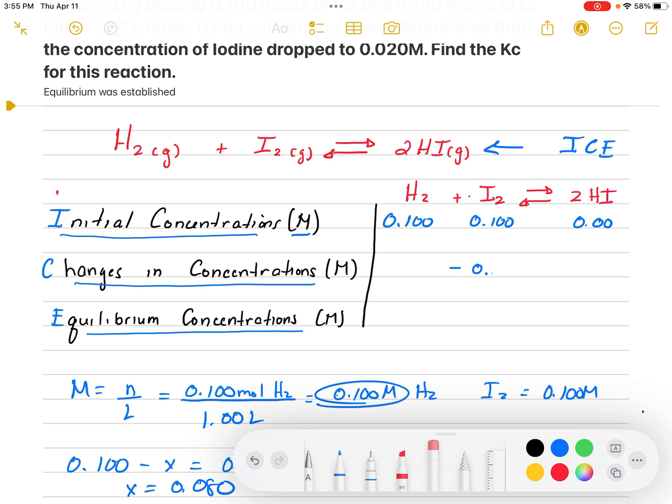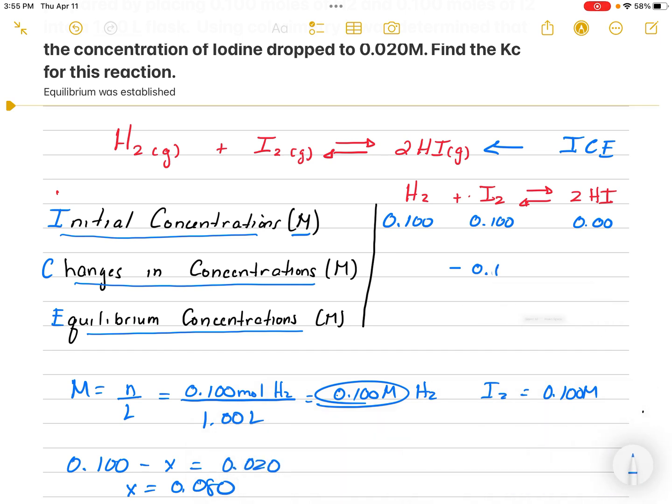If 0.080 decreased for the iodine, then an equal amount had to decrease for the hydrogen, because for every mole of hydrogen that we have, we're using 1 mole of iodine. So those are going to experience the same amount of change. Now, as we go to the products, we begin to see products forming.